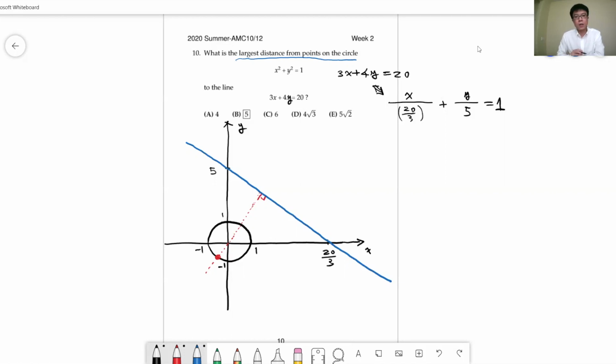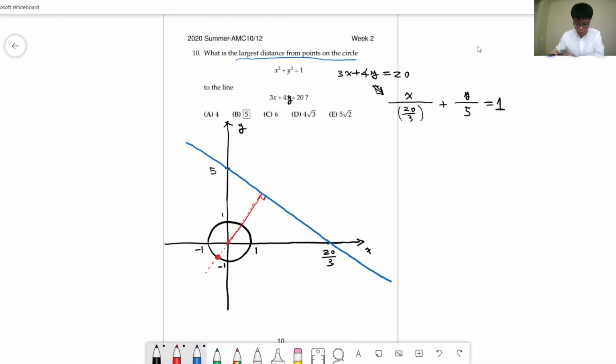This point has the largest distance to the line. So we need to calculate this length. This distance is just the distance from the origin to the line plus the radius. So basically we calculate this distance and then add 1.